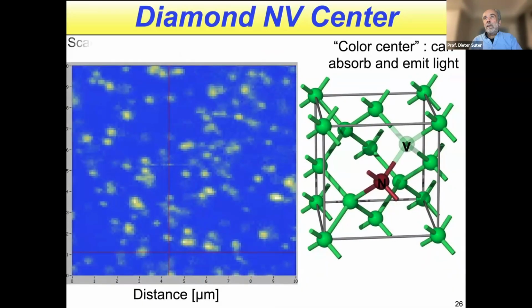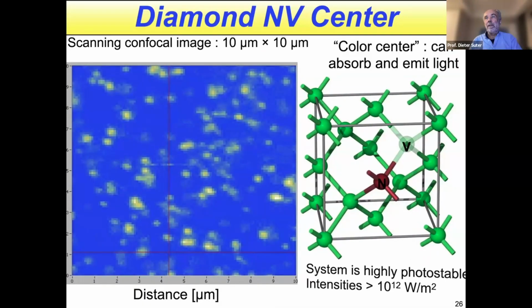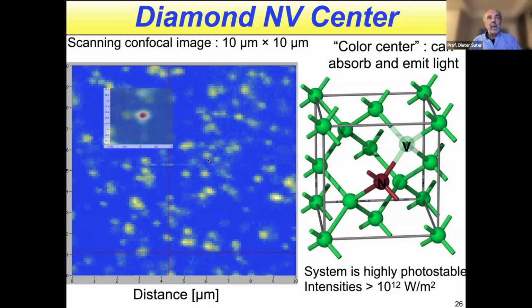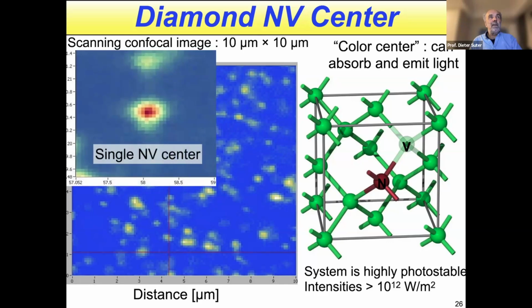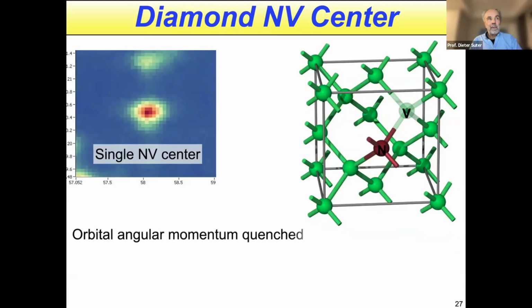And this defect is also called a color center because, in contrast to diamond, it can absorb and emit light. So if you microscopically scan over a diamond, you will usually find such bright spots, which can be nitrogen vacancy centers. And you can then zoom in on one of them, and that's how you do experiments with single spins, electronic or nuclear ones.